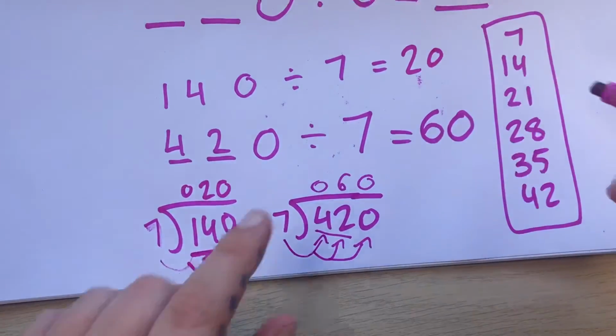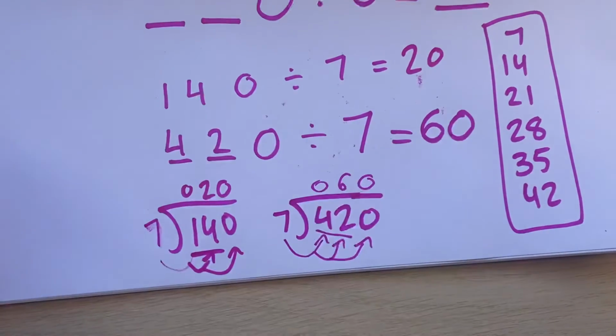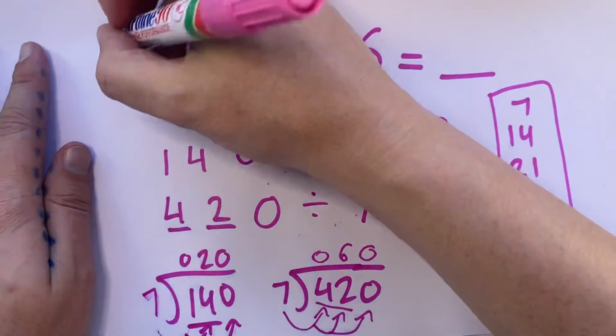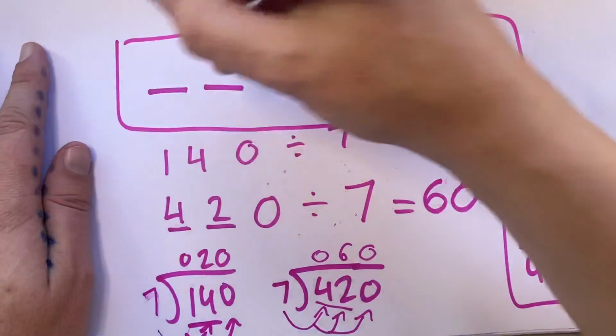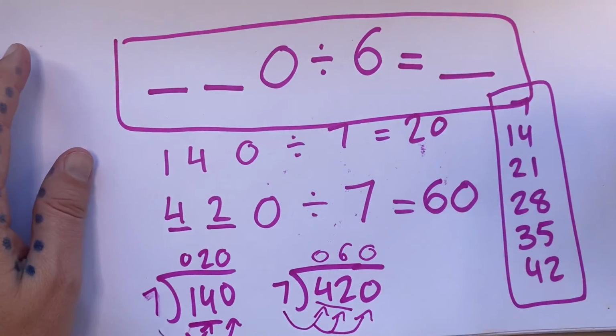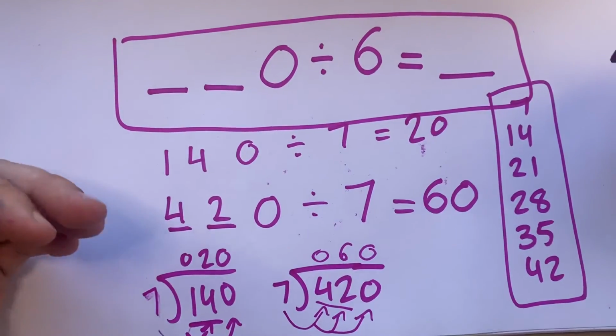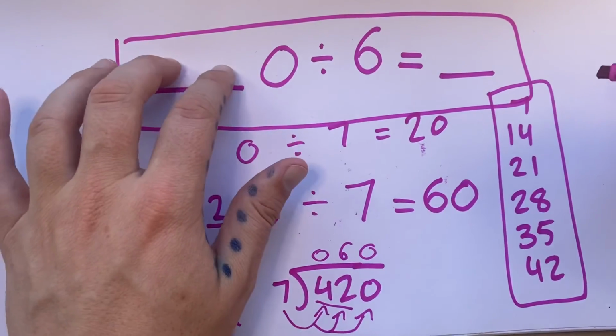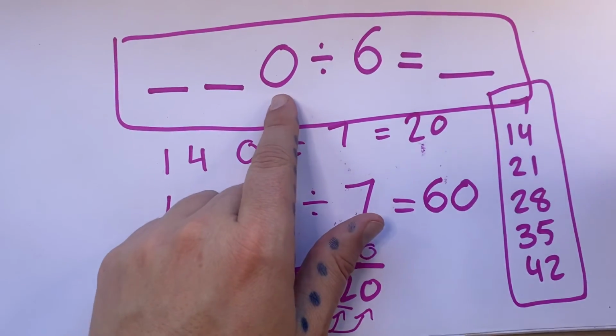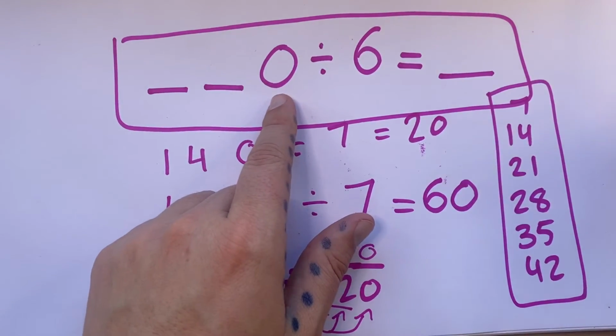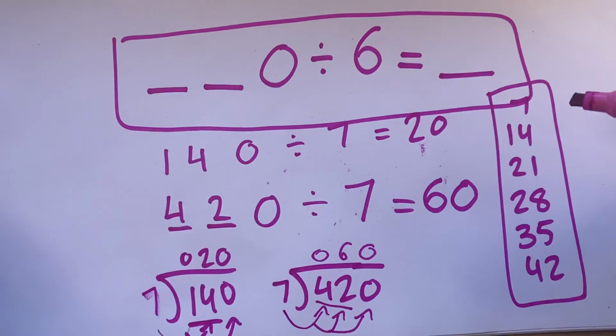So 140 divided by 7 equals 20. Okay, so the key to working out our problem for today is by writing out your 6 times tables. Okay, by doing that, you're able to find some answers that you can slot in here because our 1's place value holder is a 0. Okay, so that's a good way to go about today's problem.